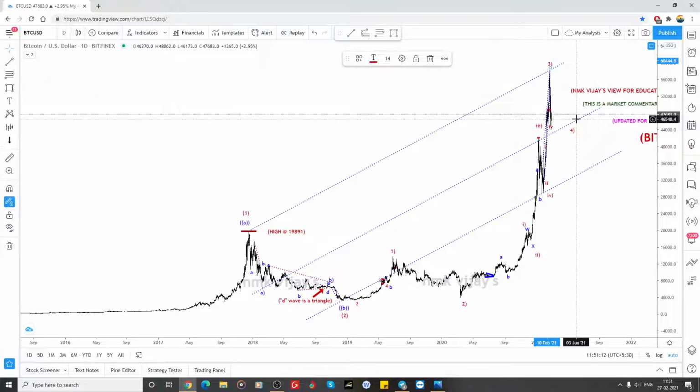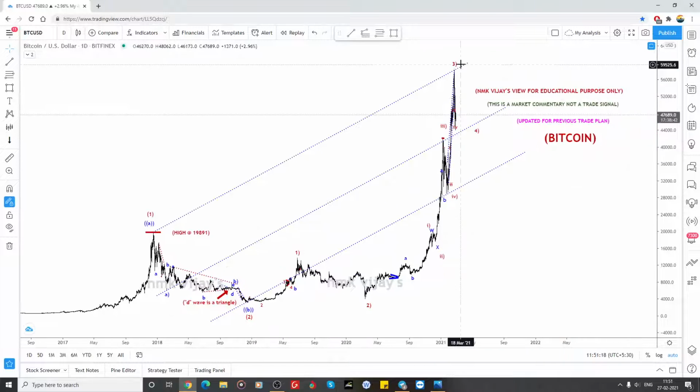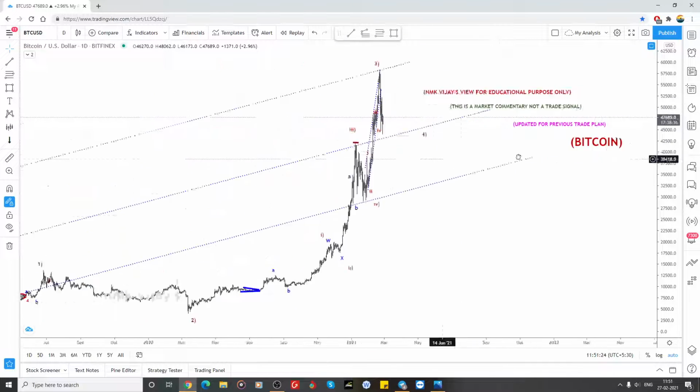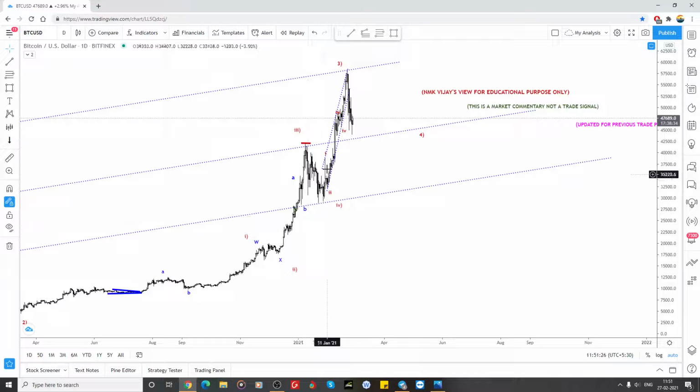So once that fourth wave ends, again the fifth wave, and this could be a 1 or 2 and that could be the third or fourth. So once the third wave ends, the fourth wave is nearly a pullback from 41 to nearly $12,000, $13,000. That same thing happened here.